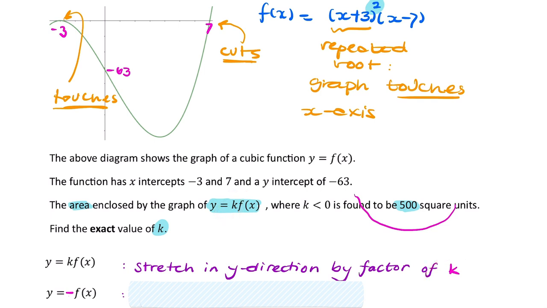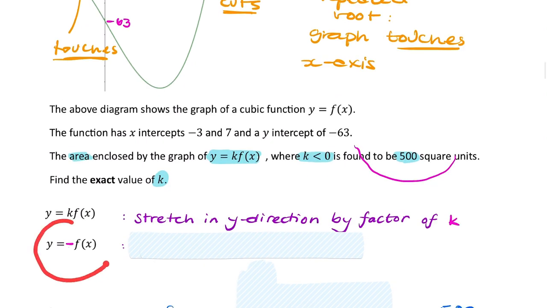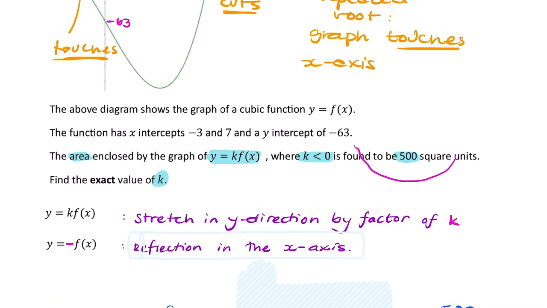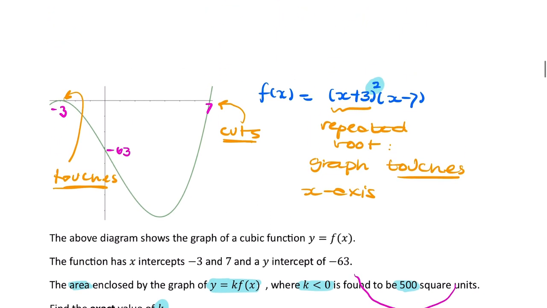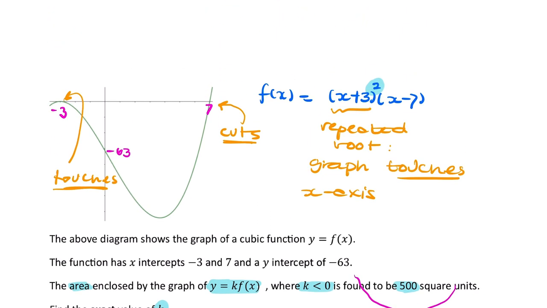But because we're told that k is negative, then multiplying by a negative number has the effect of inverting or reflecting our function. So it's reflected in the x-axis. So our graph will actually look something like this, where it's been reflected and it's been scaled.